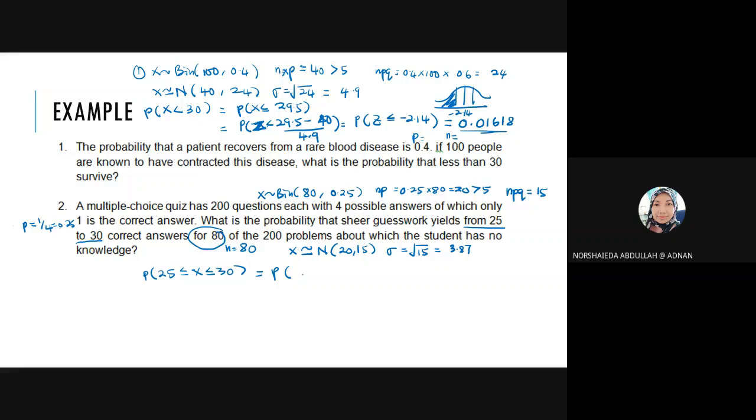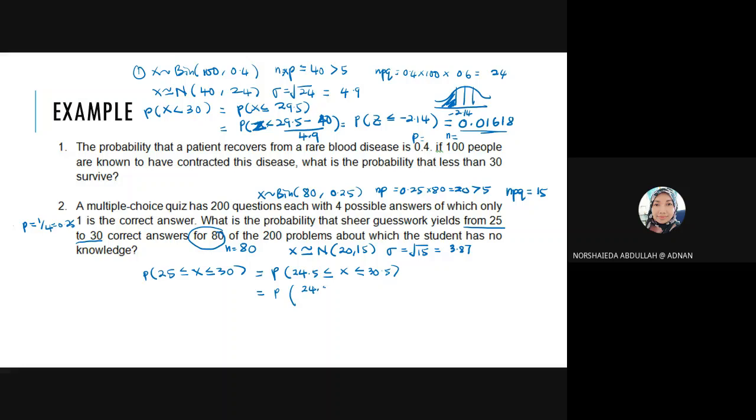Greater than or equal to 25 minus 0.5 becomes 24.5. Less than or equal to 30 plus 0.5 becomes 30.5. Okay, then only we convert x to z.